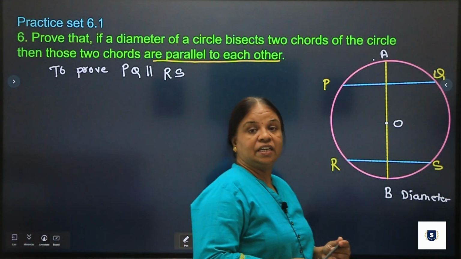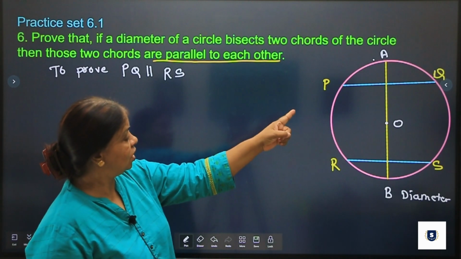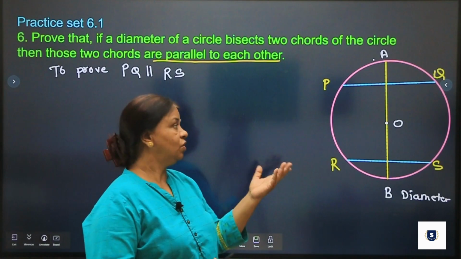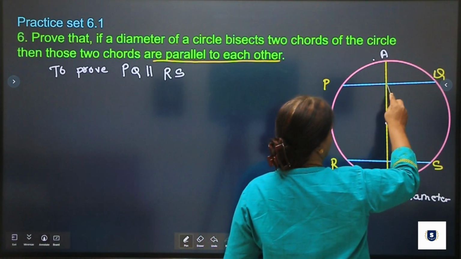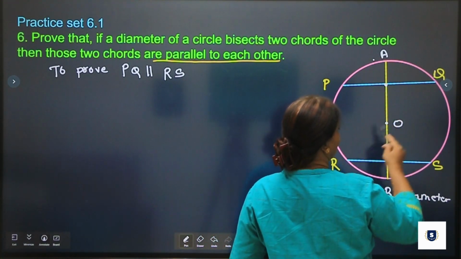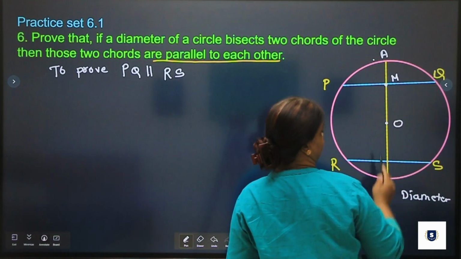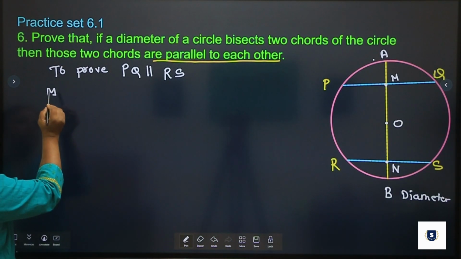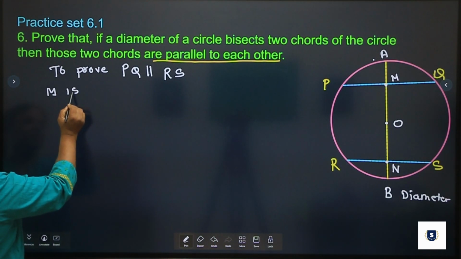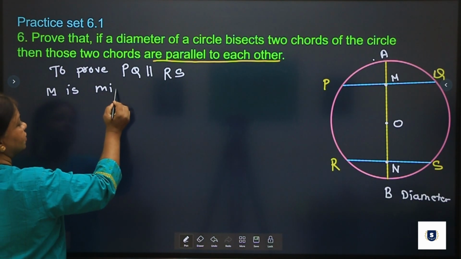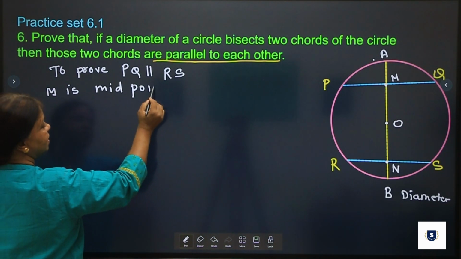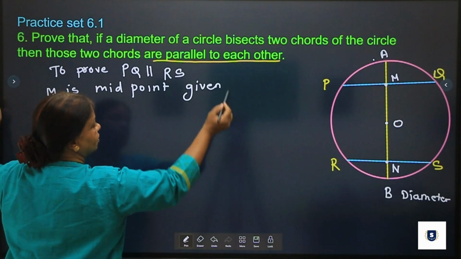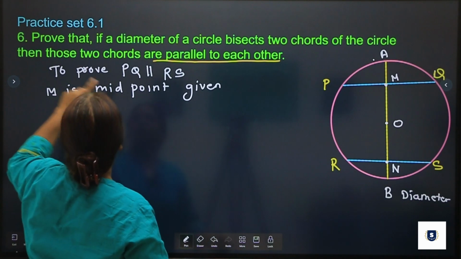And it is given that AB is the diameter and AB bisects the chords. It is already given, it bisects the chords. So that means there would be one point M, and let us take one point N. M is the midpoint. Why is M the midpoint? It is given because it bisects the chord.